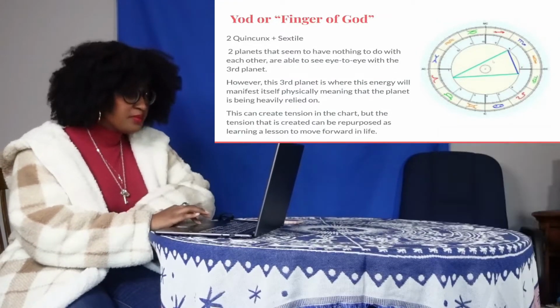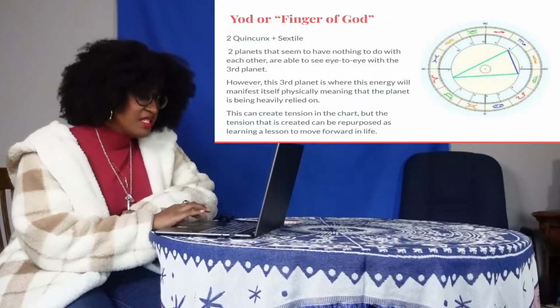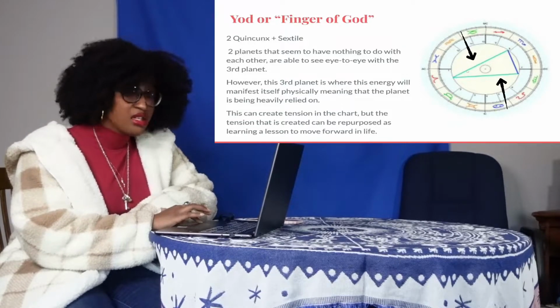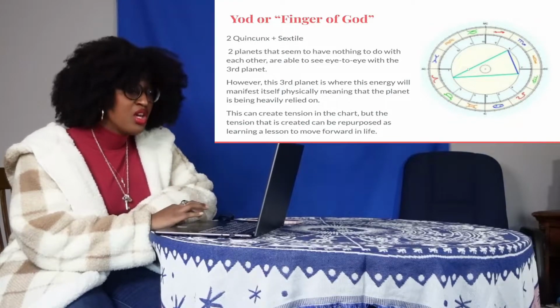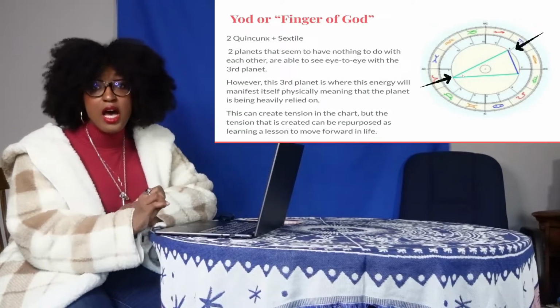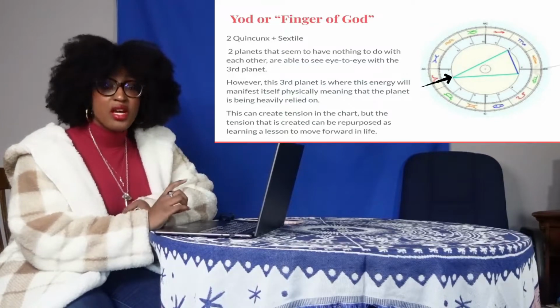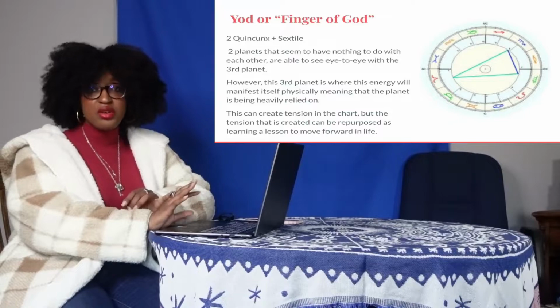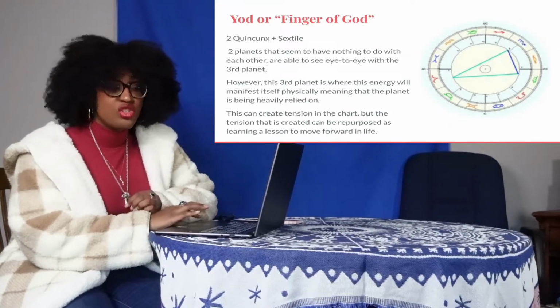So here, if you think about it in that sense, these two cyan lines are considered your inconjunct or your quincunx, which means they're almost complete opposites of each other, but because they're not complete opposites, they're not able to see eye to eye, and they completely don't want anything to do with each other.